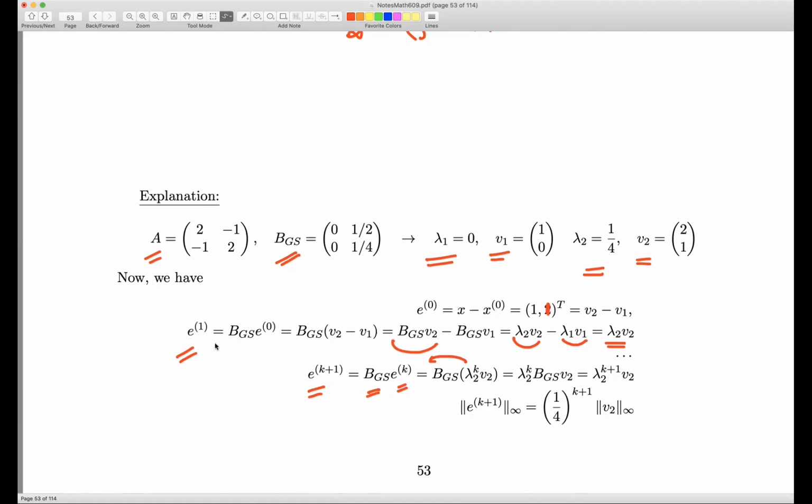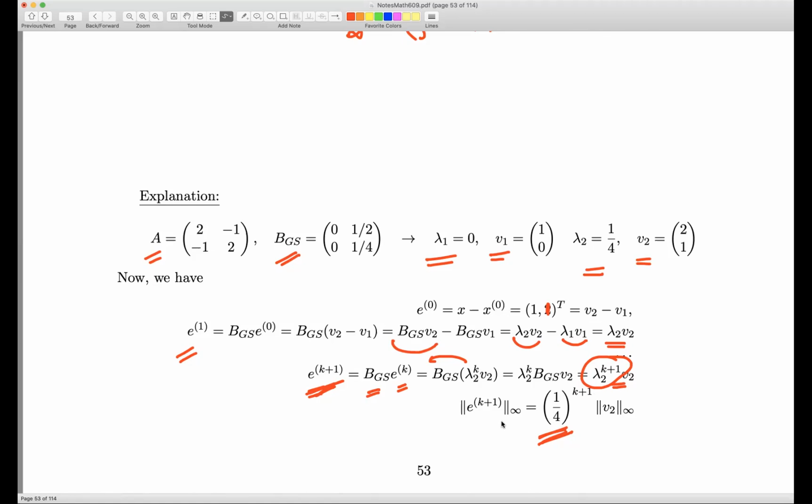And therefore, if you look at the infinity norm of this vector, this will be equal to the infinity norm of this vector, but we can pull out this number in front. And so it will be 1/4, because lambda 2 is 1/4, to the power k plus 1 times the infinity norm of V2. So indeed, we see that the error in this particular case is equal to 1/4 to the power k plus 1, where 1/4 was the spectral radius.